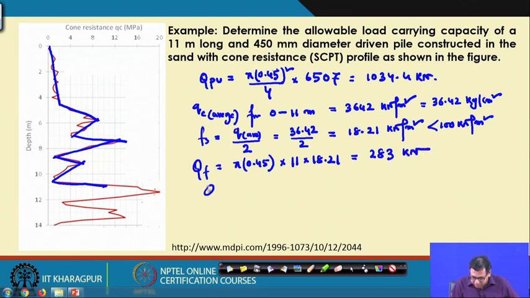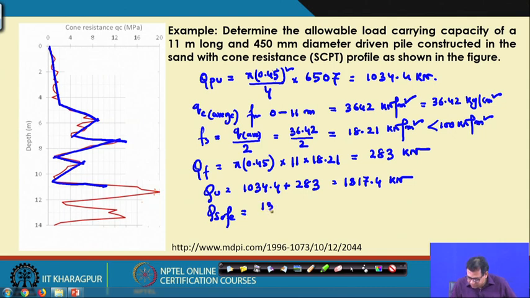Now QU is equal to 1034.4 plus 283, so that is equal to 1317.4 kilonewton. So, Q safe is equal to 1317.4 divided by 2.5, so this is 527 kilonewton.